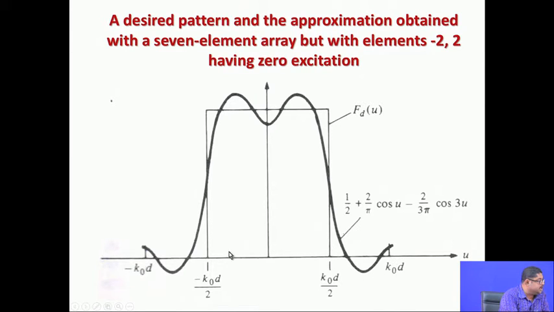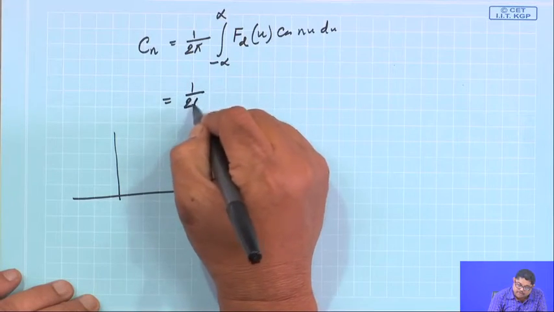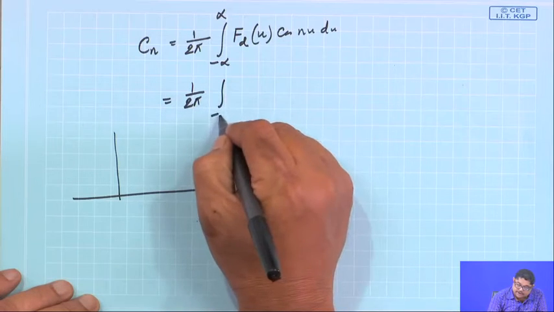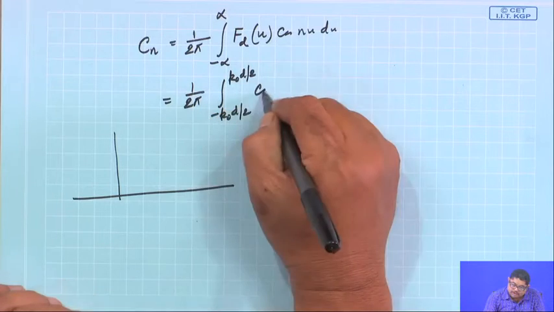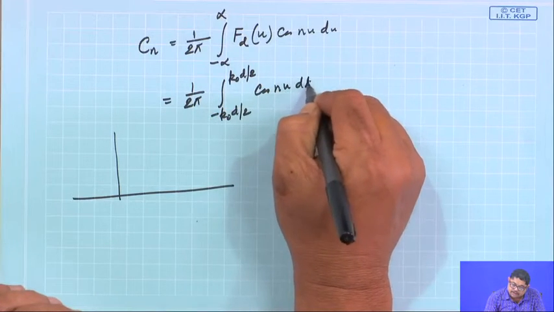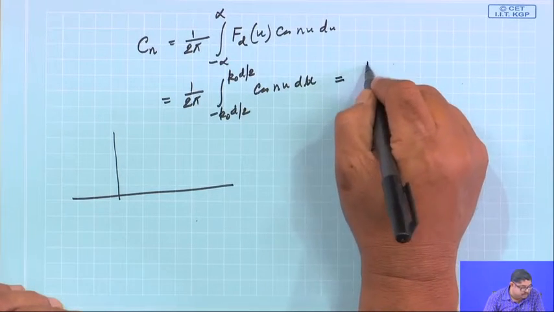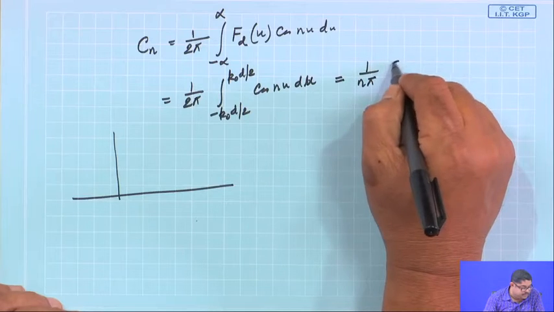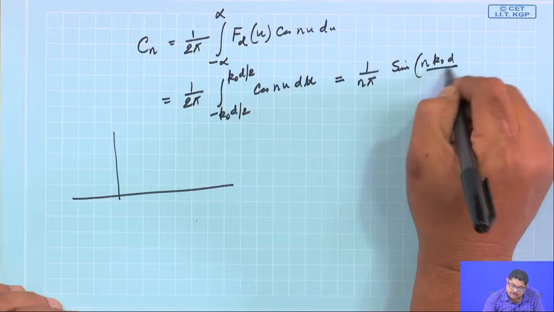The visible space is here minus k0 d to plus k0 d for a broadside array. So, I can find C0, that will be 1 by 2 pi, integral of cos nu du, because it is a rectangular function. So, 1 here. So, this becomes 1 by n pi sin n k0 d by 2.